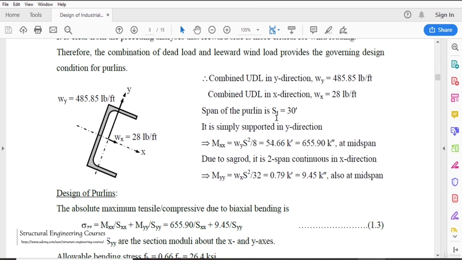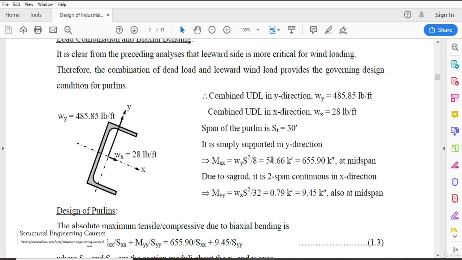Now the span of the purlin is 30 foot, so it is simply supported in the Y direction, and we very well know that the bending moment due to simply supported end conditions is WL square by 8. Here W is 485.85 pound per foot at mid span. Now we need to calculate the bending moment. So MXX is WL square by 8.